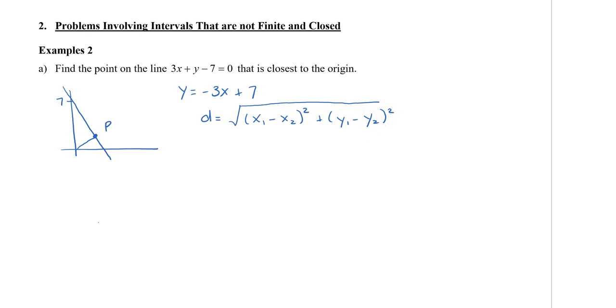Now, because one of the points here is on the origin, we can fill in that our x2 and y2 are going to be 0. So now we have that d is equal to the square root of x squared plus y squared, and this is for a point on the origin.